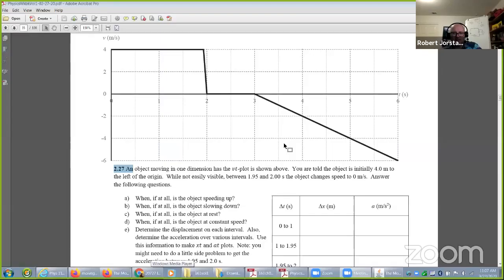So maybe take a second. I'm not a big breakout group kind of guy, but maybe we'll try this just for fun to mix it up. Do I have that? No, let's not do that. I hate doing breakout rooms. I'm sorry. I thought I would be able to muster up the incentive to do it, but I can't. So why don't you chat with a friend if you want, or try to make this as interactive as possible. You can harass Jay and say, hey, this is what I think.